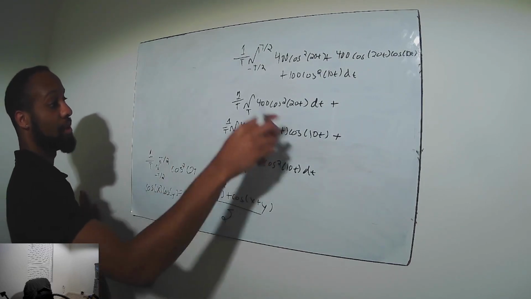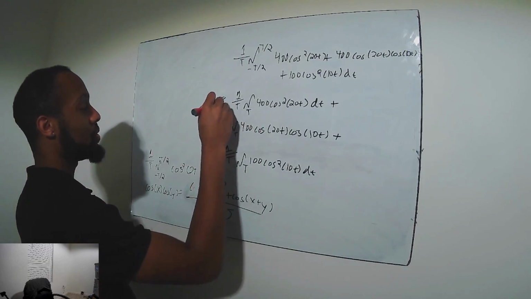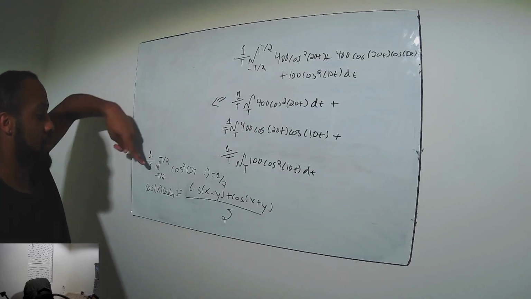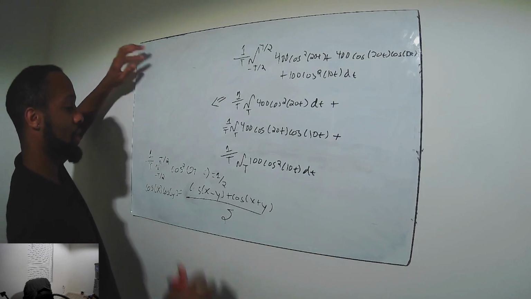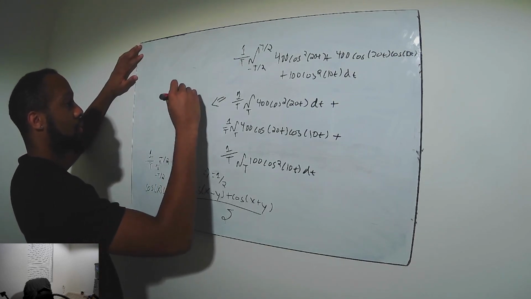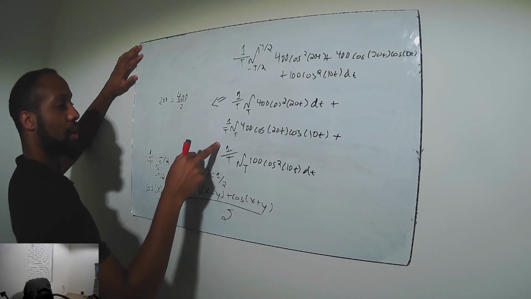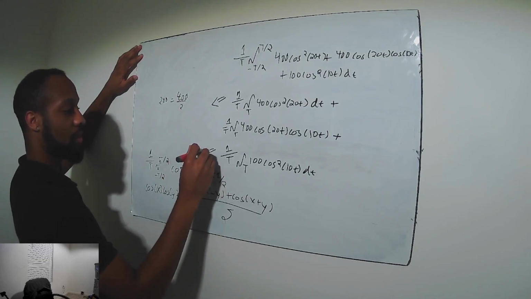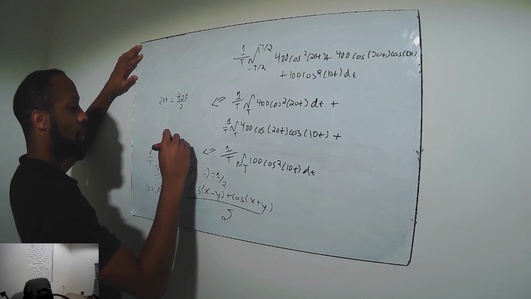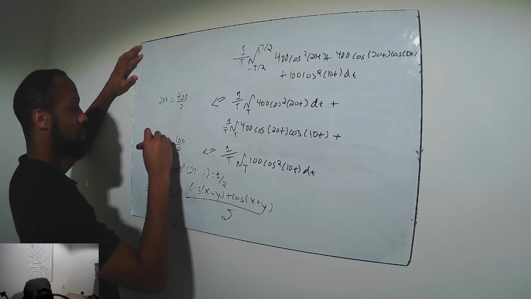So this part is going to evaluate this cosine squared. It's going to use this property here. This is going to be 400 divided by 2, so that's going to be 200. Down here, we're going to get 100 divided by 2, that's going to be 50.